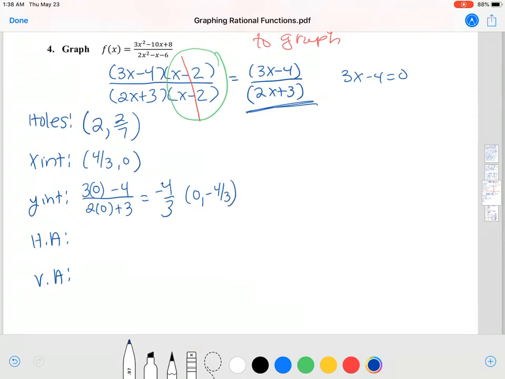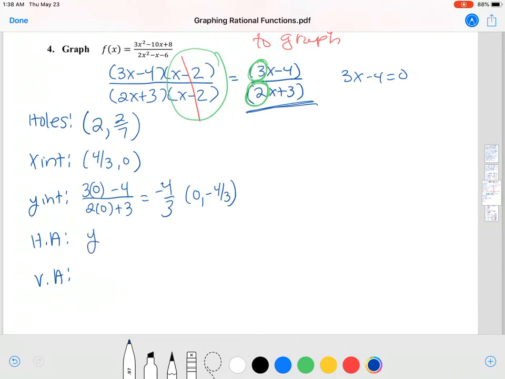For the horizontal asymptote, we want to look at our rules, and in this case, the degree of the top is the same as the degree of the bottom. They both have a degree of 2. So when the degrees are the same, we take the leading coefficient of the top and divide it by the leading coefficient of the bottom. If I look, here's my leading coefficient of the top, here's my leading coefficient of the bottom.